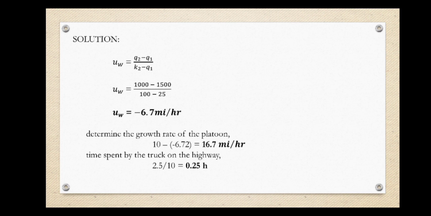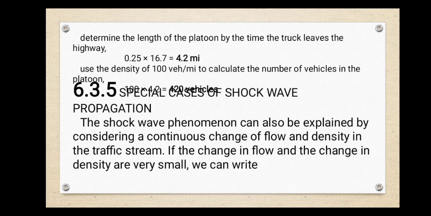To calculate the time spent by the truck on the highway, we have 2.5 over 10 is equal to 0.25 hours. To determine the length of the platoon by the time the truck leaves the highway, we have 0.25 times 16.7 is equal to 4.2 miles.